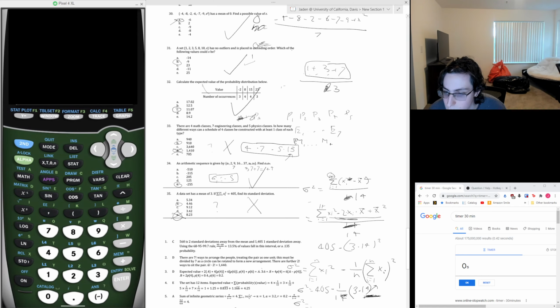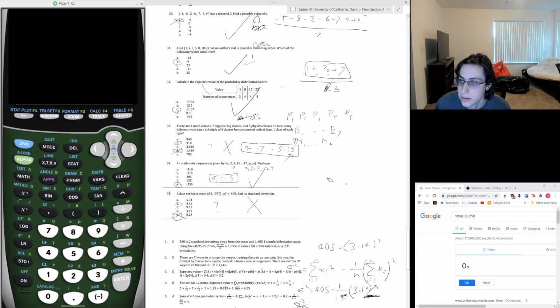So theta squared equals the sum from i equals 1 to n of xi squared minus 1 over n times the mean times n, squared. Hopefully that makes sense. This is the mean times n, squared.